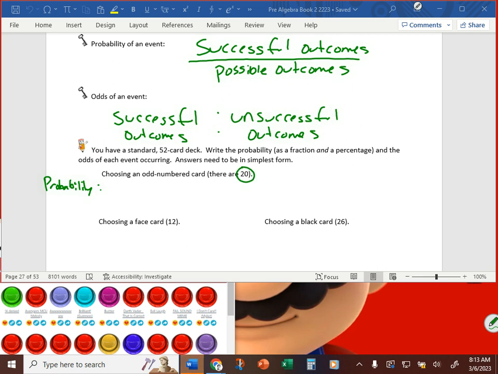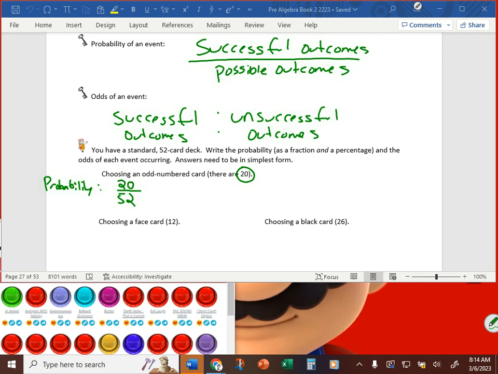There are 20. Okay, there are 20 odd numbered cards. So the probability of picking an odd numbered card is successful outcomes, 20, out of possible outcomes. How many cards could you pick? Any of the 52. Okay? So as a fraction, the probability is 20 out of 52.